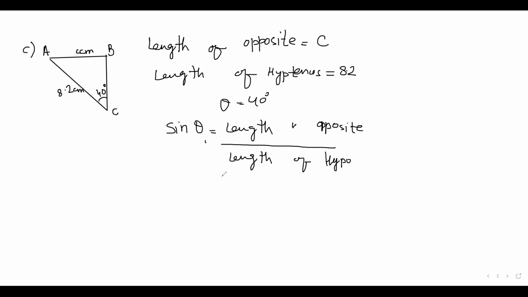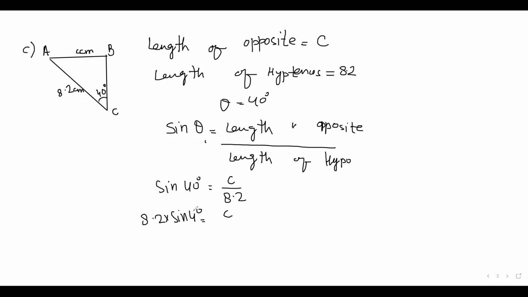So length of opposite is c, length of hypotenuse is 8.2 and theta is 40, so sine 40 equals c over 8.2. Since 8.2 is dividing c, it will be multiplied on the other side: c equals 8.2 multiplied by sine 40.